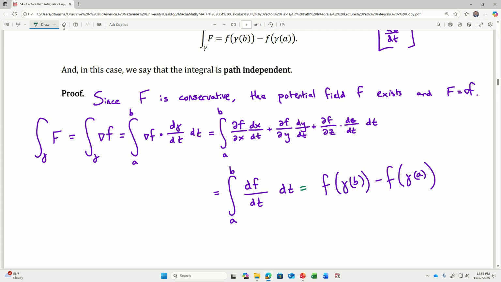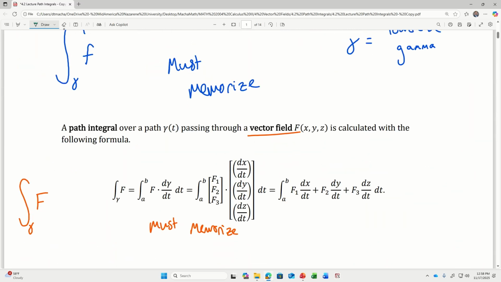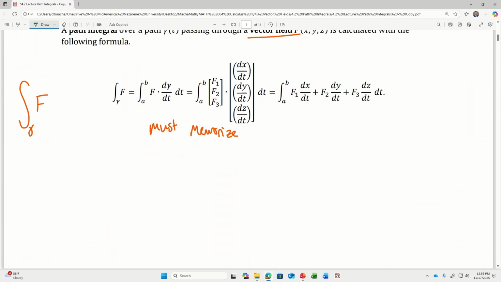Not 100% sure when these switched from being just A's and B's to gammas of A's and gammas of B's. Well, how did it change from gamma to A to B in the beginning? Well, that's part of the whole definition here of what we mean when we say we're going to take a path integral.